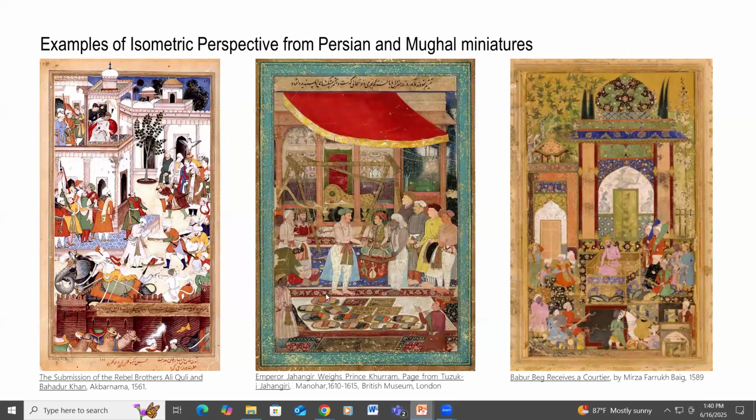So before we talk about linear perspective, we should also talk about isometric perspective. And one of the reasons, because one of the things this class is about is how what we think we see and what we actually see are not the same thing.